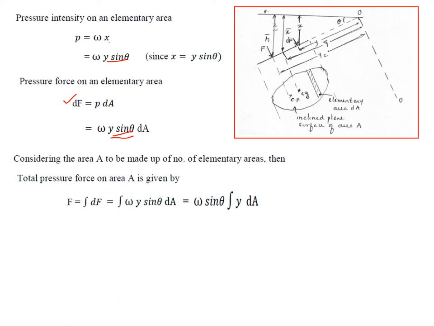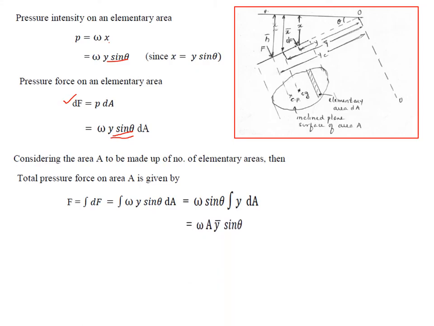That is the CG distance, and because y is involved, the CG distance has to be inclined. So y bar is nothing but a1 y1 plus a2 y2 plus a3 y3 divided by the total area. So the summation of the first moment of area will be a into y bar. That's the reason why we have written omega a y bar sine theta.